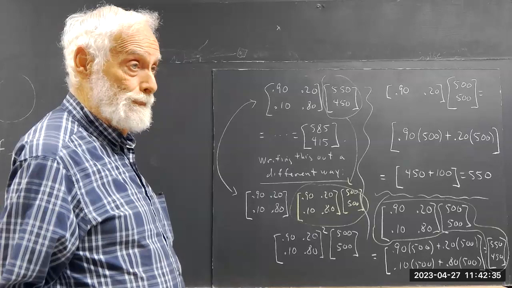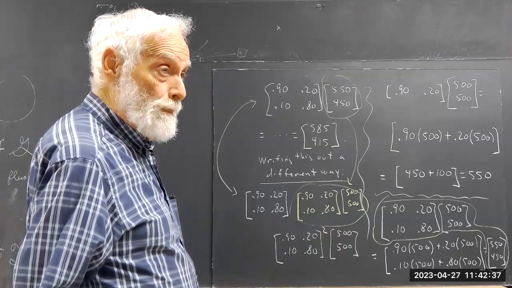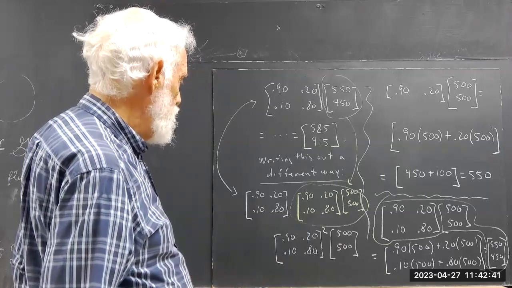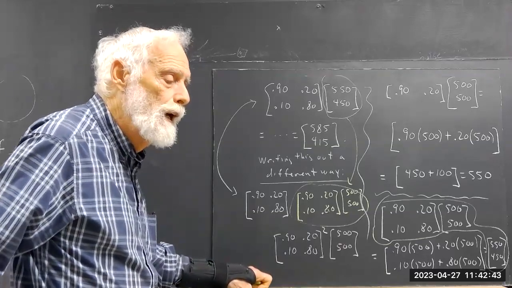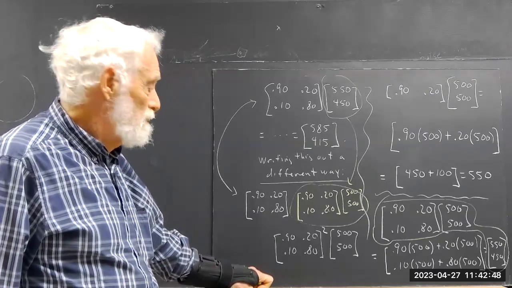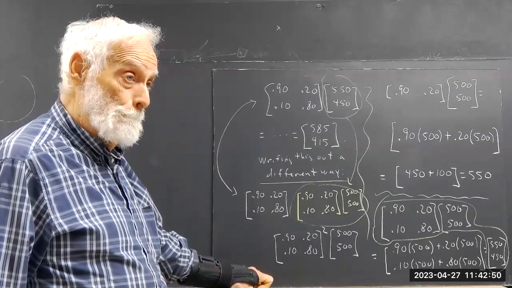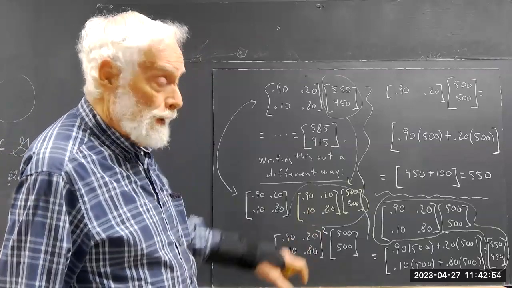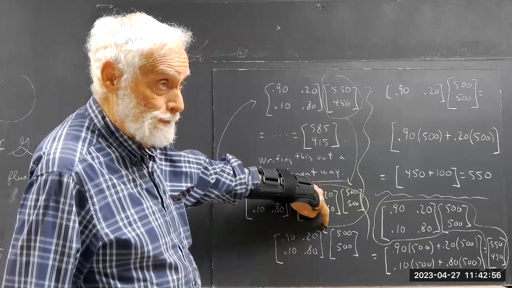And we multiply that by the 500, 500. Then if we want the number the day after that, we multiply by the matrix again, and we have the cube of the matrix.